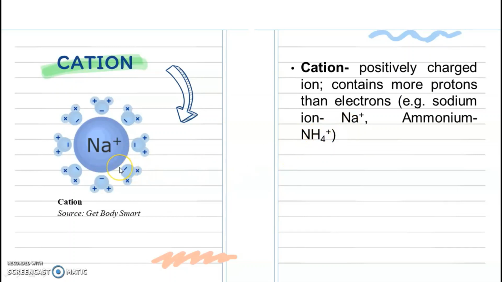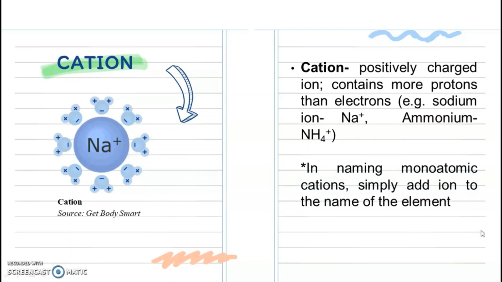Ito si ating sodium ion. In naming monoatomic cations, simply add ion to the name of the element. So, paglalagyan daw natin siya ng pangalan, for example, si sodium, pag naging siyang ion, lalagyan lang natin ng ion sa dulo. Magiging siyang sodium ion.